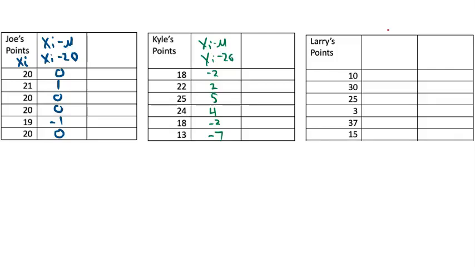Now let's do the same thing for the last one. We're going to do each value minus 20. Now 10 minus 20, that's negative 10. We got a positive 10. We're going to get a 5. Let's see, 3 minus 20 is negative 17. 37 minus 20 is a positive 17. And then we got a negative 5.